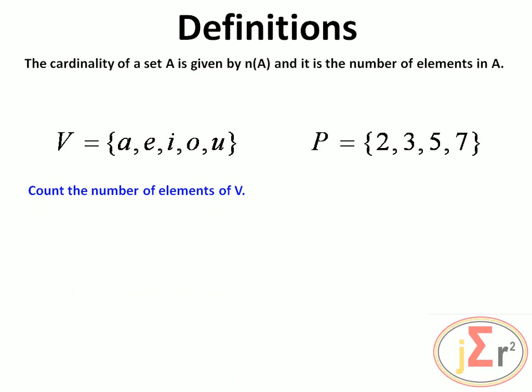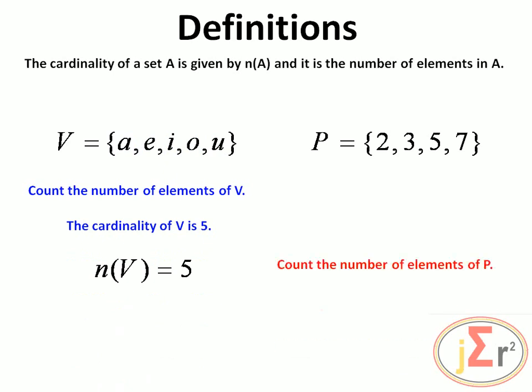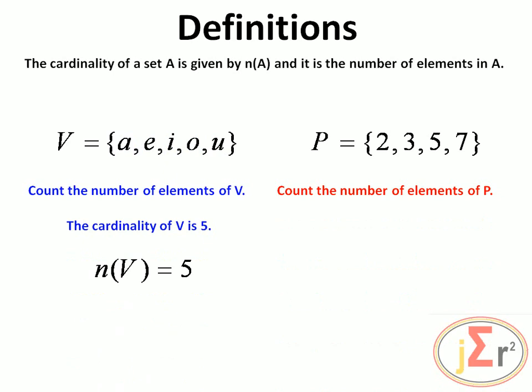So count the number of elements of V: 1, 2, 3, 4, 5. Therefore, the cardinality of V is 5. n(V) is equal to 5. Also, we will count the number of elements of P. There are 4 of them. The cardinality of P is 4.